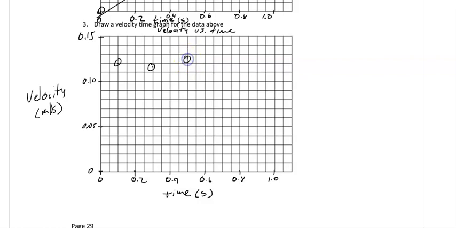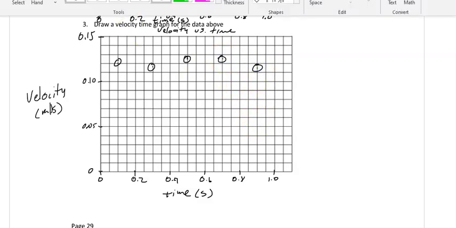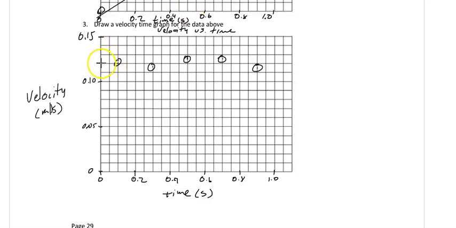And so this is just plotting the data that we've got, and again, drawing a horizontal line. Try again.